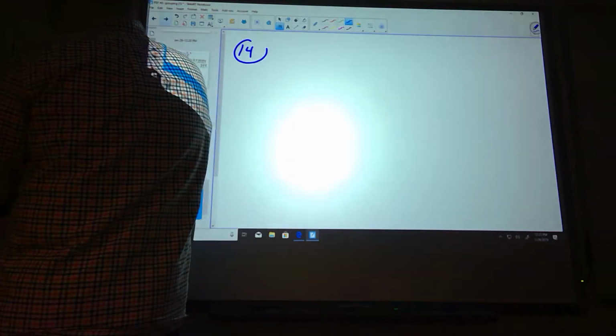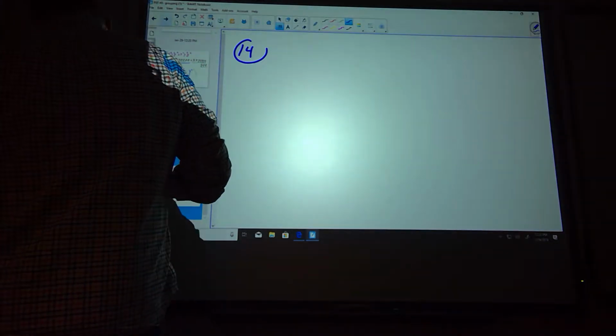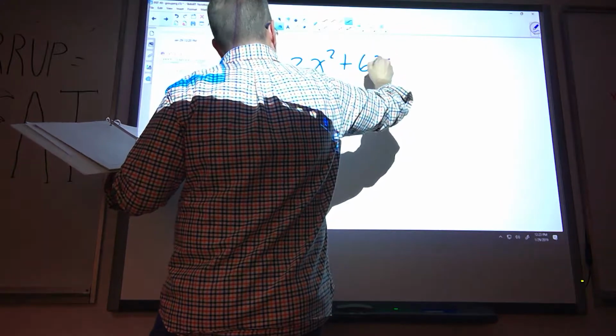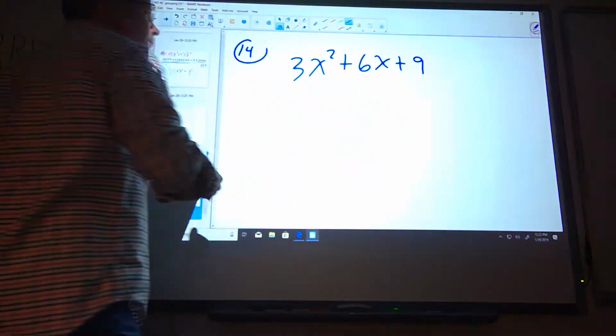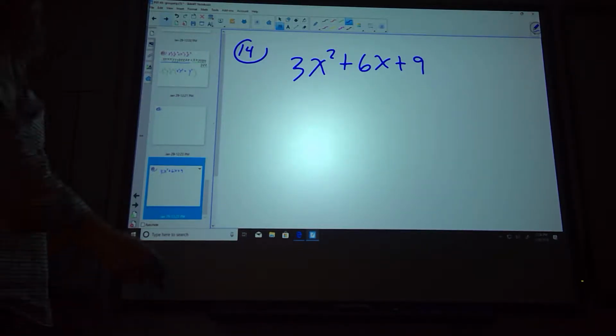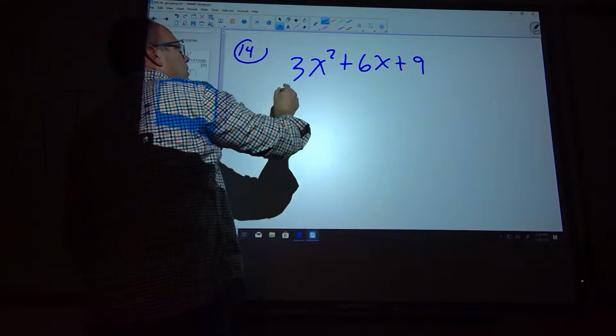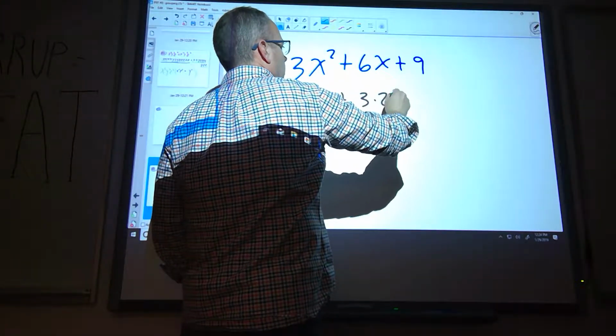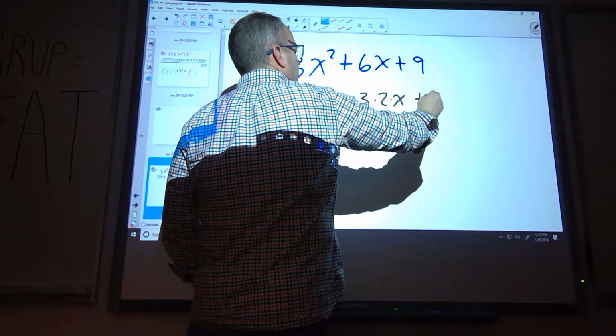Okay, number 14 is 3x squared plus 6x plus 9. What is the largest number that 3, 6, and 9 all have in common? 3. Can I factor a letter out of each one? So this is 3xx, this is 3 times 2x, and that's 3 times 3.